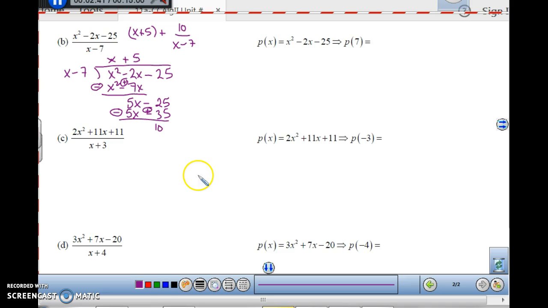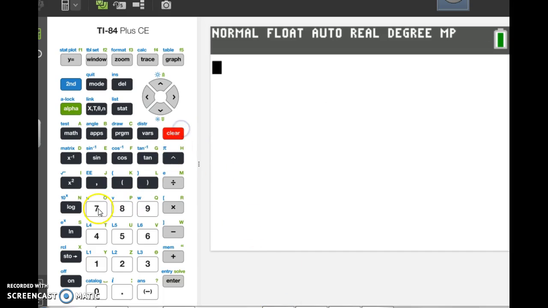Now let's try plugging in the a value. What is the a value of this again? The a value right here is going to be 7. So when I plug in 7, I have 7 squared minus 2 times 7 minus 25. If I go to my calculator, 7 squared minus 2 times 7 minus 25, what do I get?